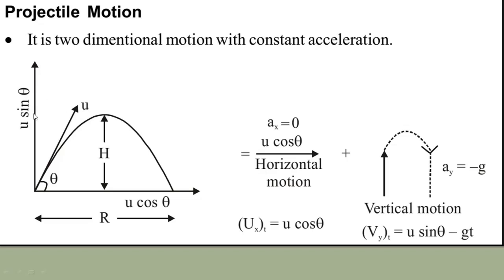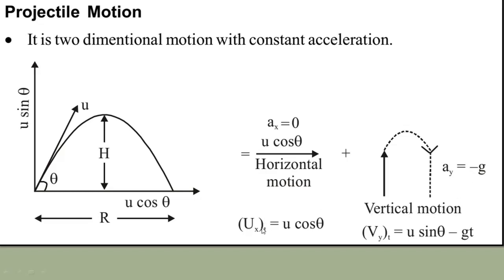The x component is u cos theta, the y component is u sin theta, and R is the distance covered from the starting point to where it drops. So ax is equal to 0 for horizontal motion, and ay is equal to minus g for vertical motion.